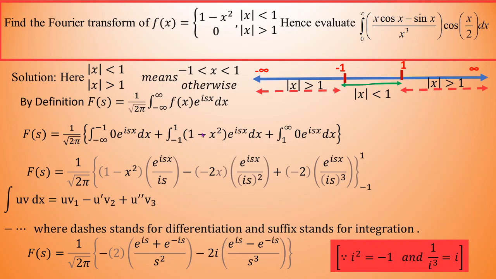Applying Bernoulli formula, we have the first function as it is, integration of e power isx will be e power isx upon is, then minus sign, then derivative of the previous first term, that is minus 2x, again integration of the previous second term. Likewise this would be continued till we get 0. After this term we find that when I take the derivative of minus 2 I will get 0. Therefore the integration is complete.